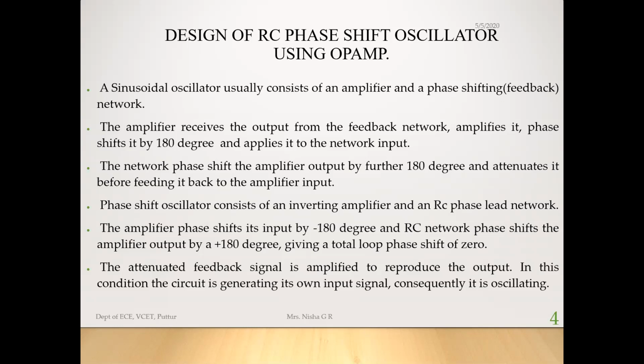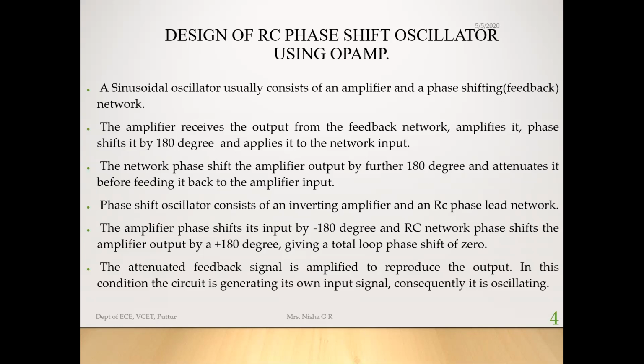The input to this feedback network is the output of the amplifier. Some portion of the output is fed back to the feedback network, and the output of the feedback network is again given to the amplifier.